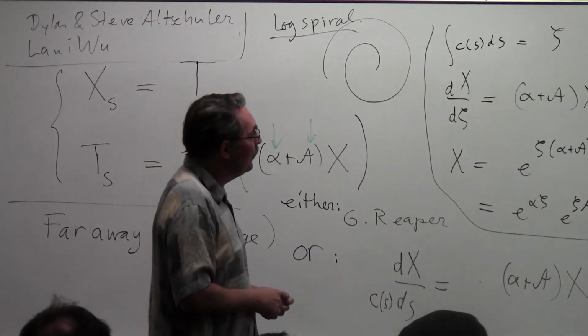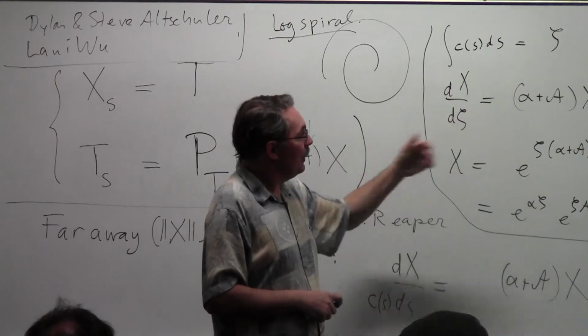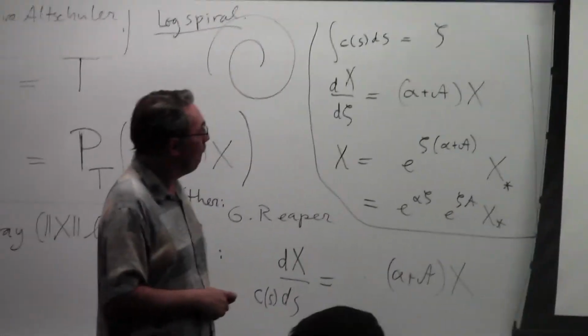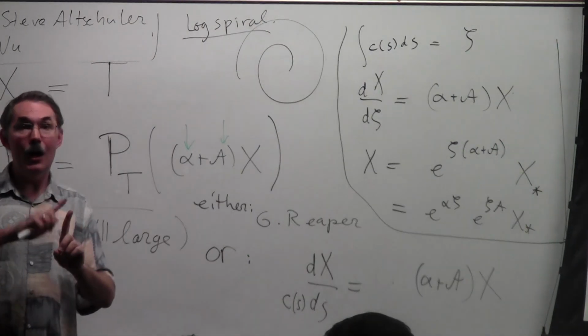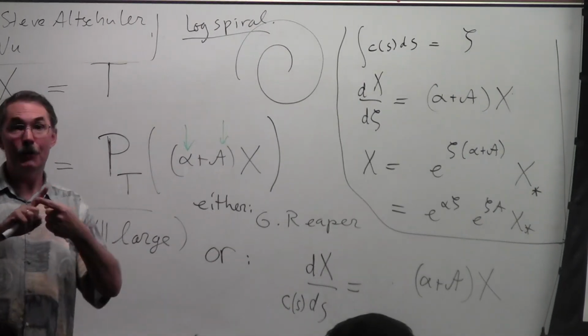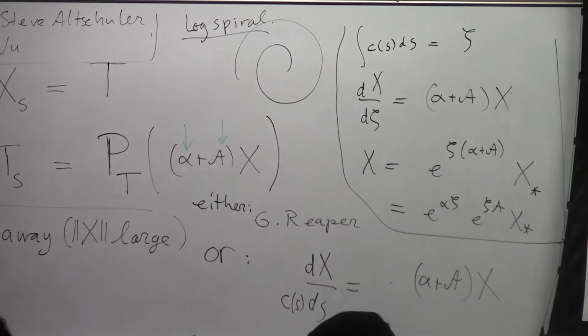So if alpha is not equal to 0, you can prove the ends lie on generalized logarithmic spirals, basically what you saw in this picture.